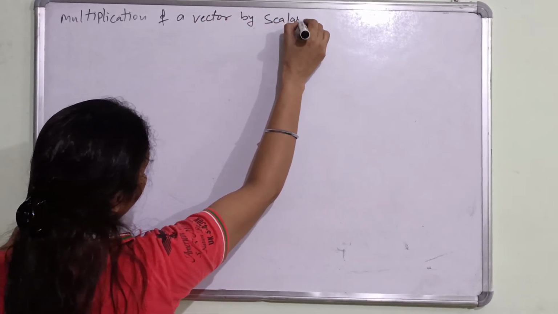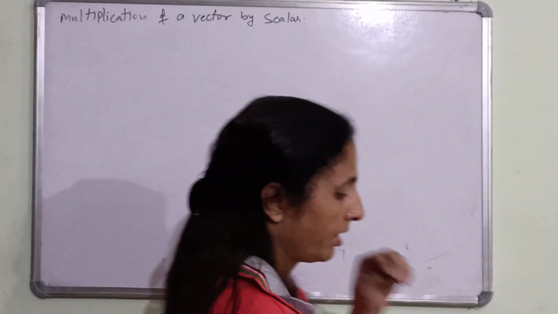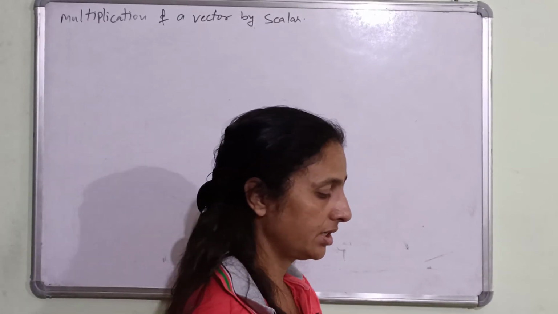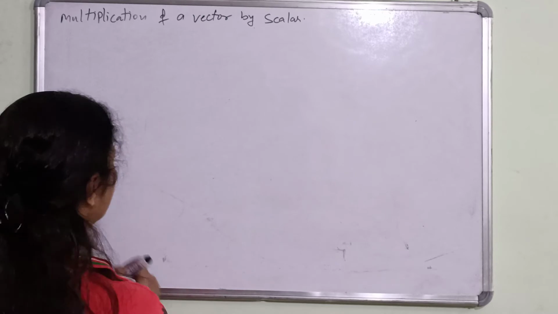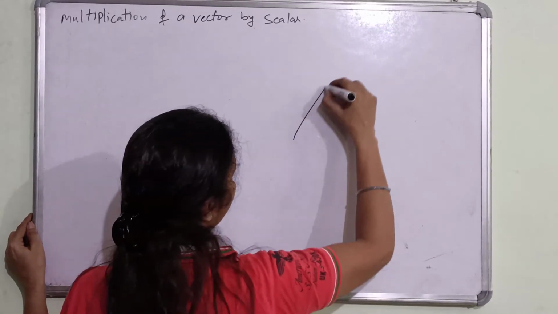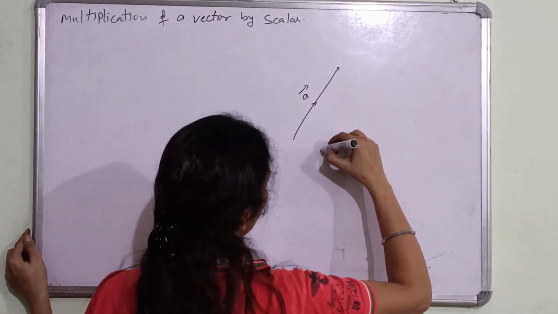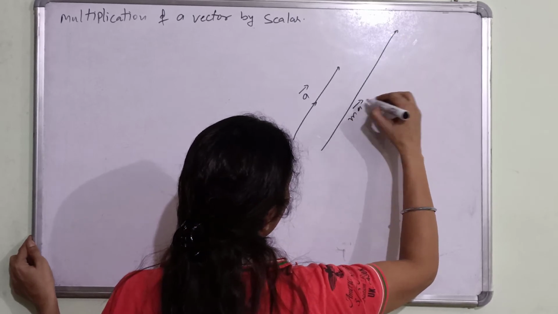Whenever we multiply a vector by a scalar, what happens? It's a simple concept. Suppose I prove it by a diagram. Suppose this is a vector. Whenever we multiply it by m, suppose this is m a vector, right?